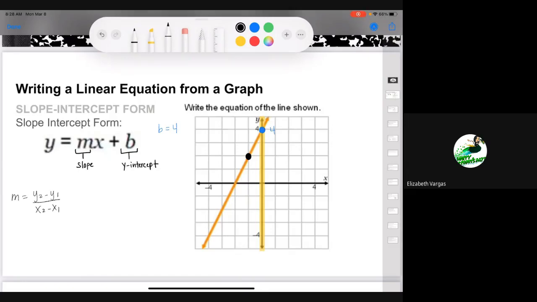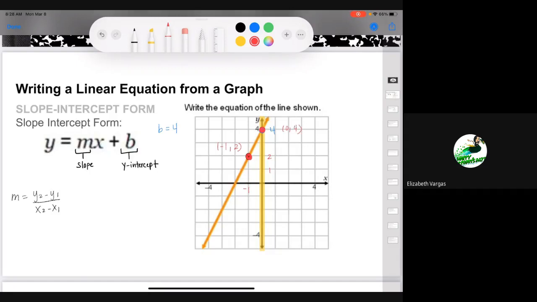Basically, we're going to identify 2 coordinates on the line. I'll use this one, which is -1 and 2, and this one, which is 0 and 4. Right? So those are our 2 points.